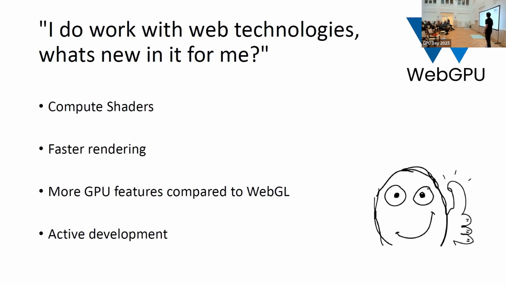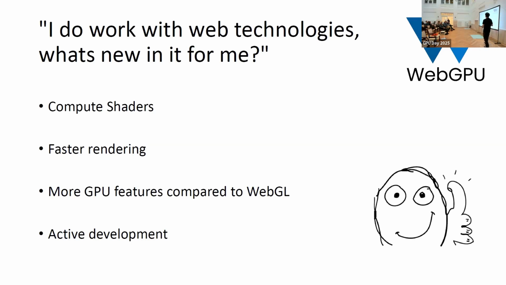So if you do work with web technologies, or you actually would like to do something on the web, then the other selling point is really compute shaders, general compute. Whatever you are used to doing on the GPU, doing whatever arbitrary computation, there is a new window opening that you can actually now do it on the web, within a browser, within any of the devices that support it.